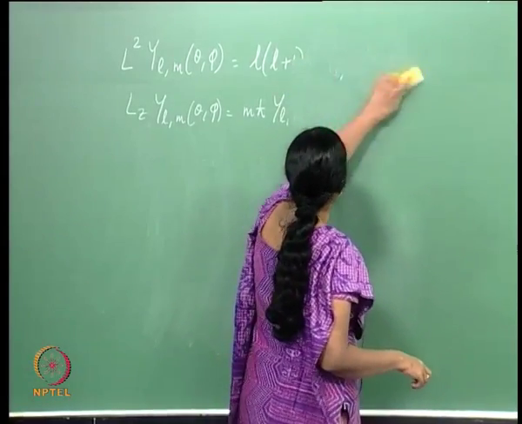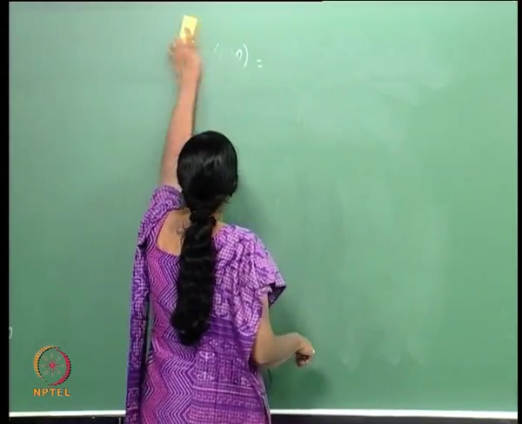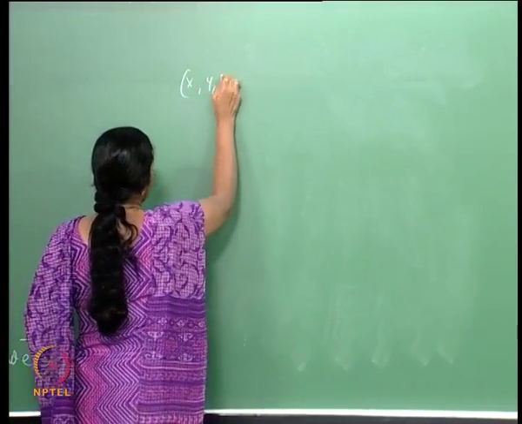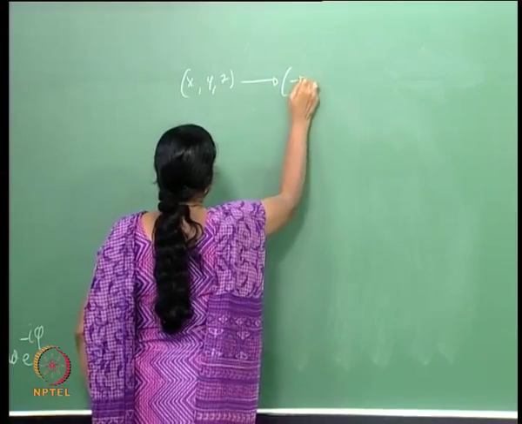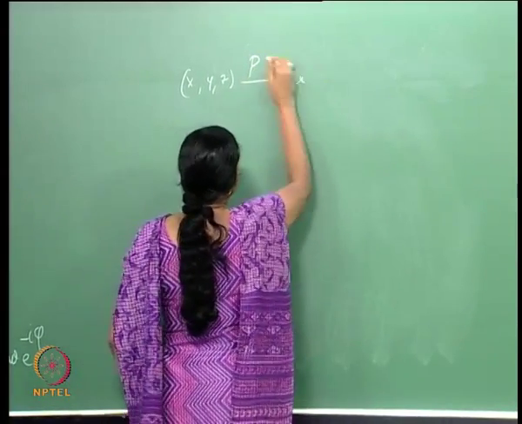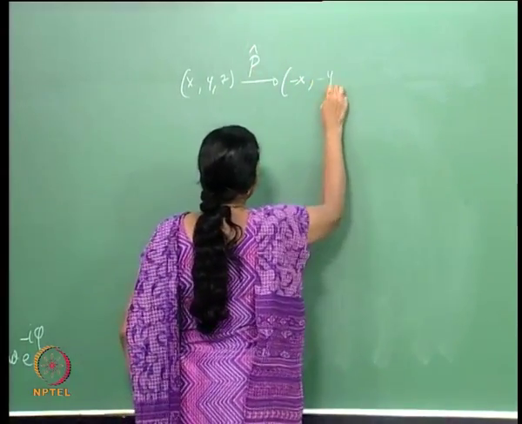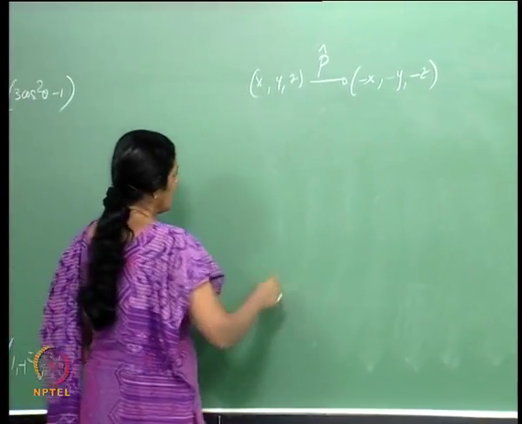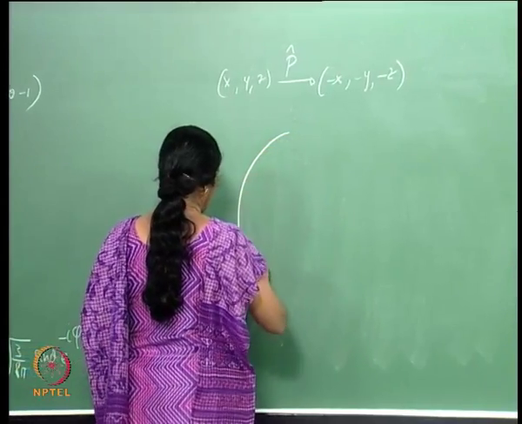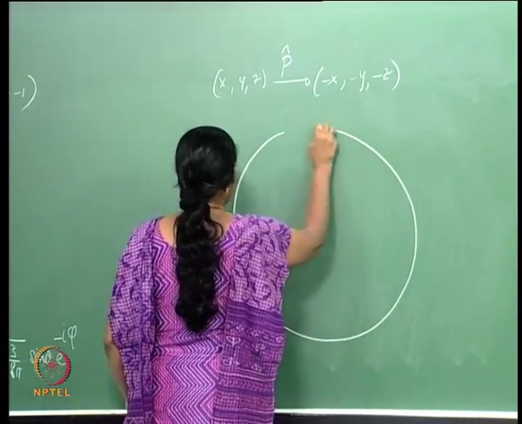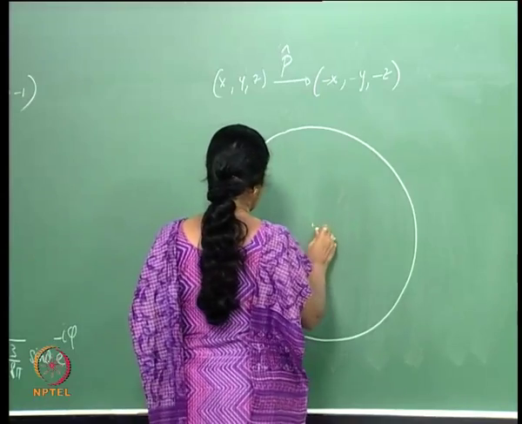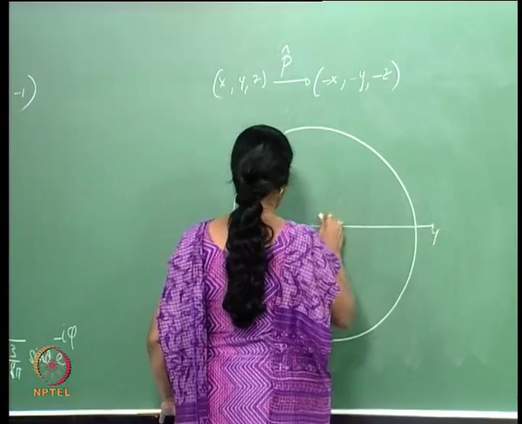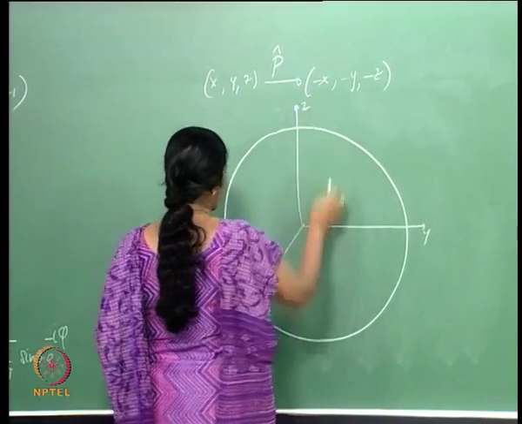As you know, the parity operation takes x, y, z to minus x, minus y, minus z. Under parity, that is an operator. So, consider the circle, and this is the xy plane, and that is the z axis.